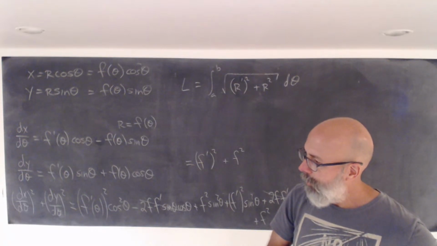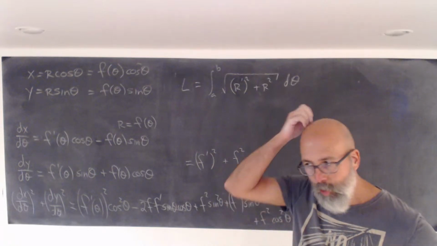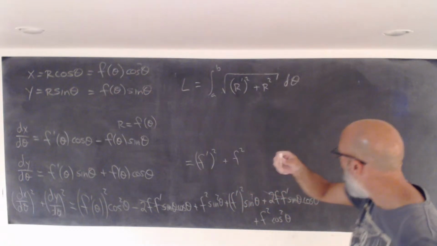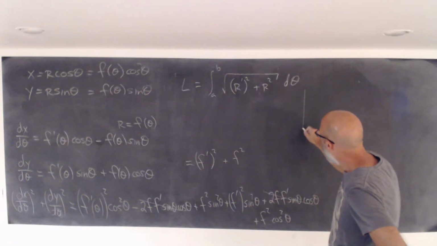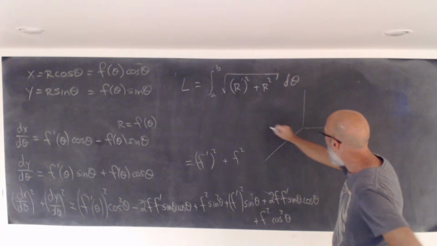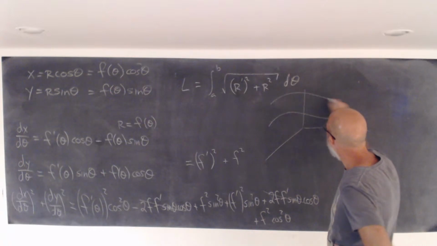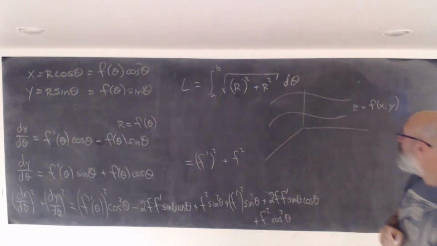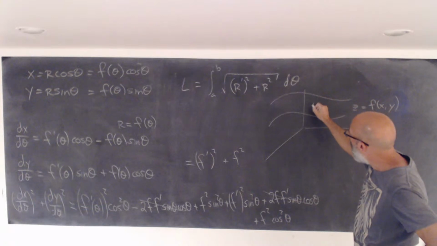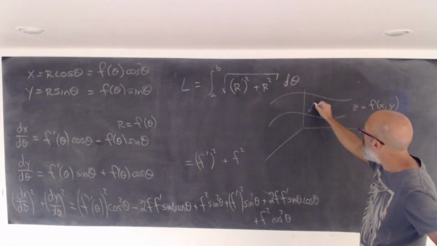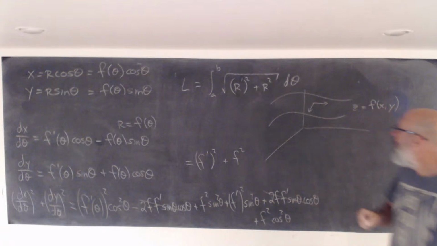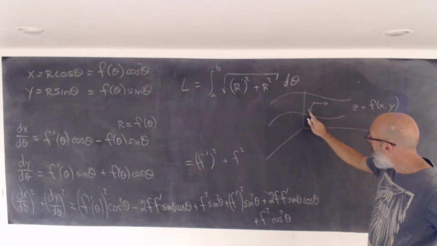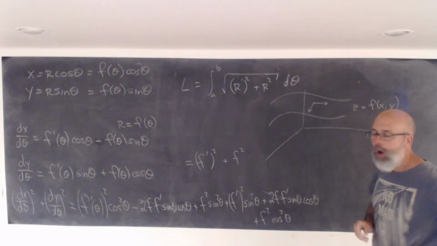But the idea is very closely related to the partial derivative, in the sense that if you have this surface, remember in the partial derivative, we had these two vectors: the derivative in the direction of x and the derivative in the direction of y.